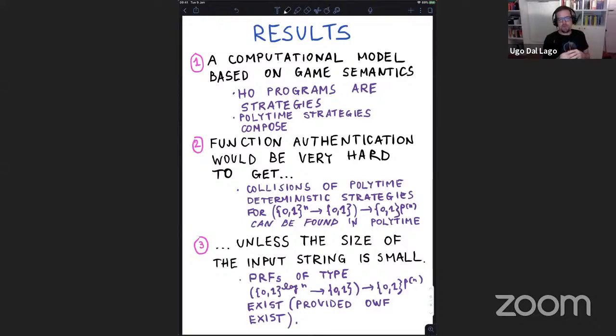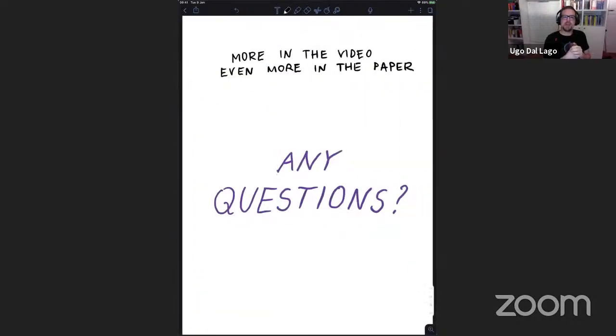But if the authenticated function takes input strings of logarithmic length, then you can get, and this is the third result, second order pseudo-random functions, provided standard cryptographic assumptions hold, in particular provided one-way functions exist. So thank you very much, and I will be happy to answer your questions.